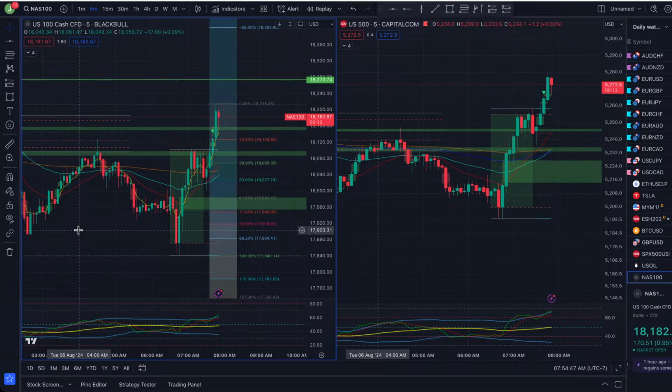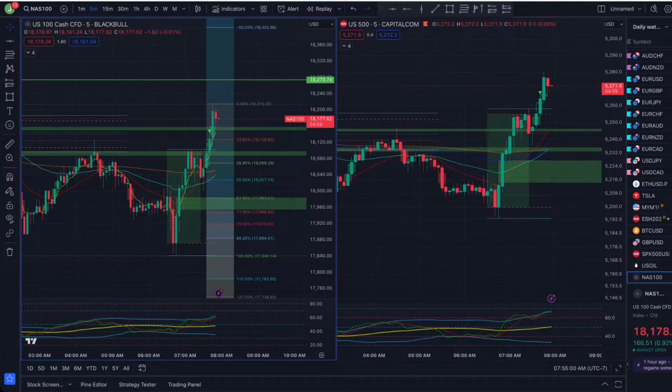That's the goal. Our goal is not to be staring at charts all day long. One and a half hours to potentially make that 1 to 3 risk to reward.